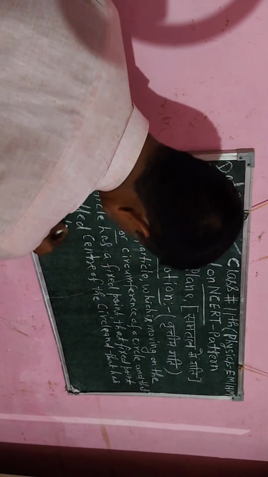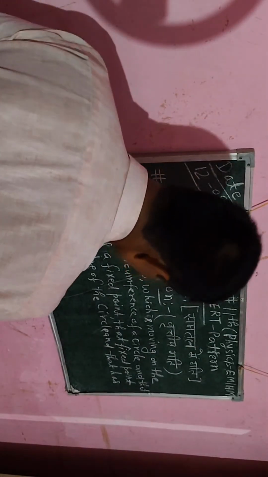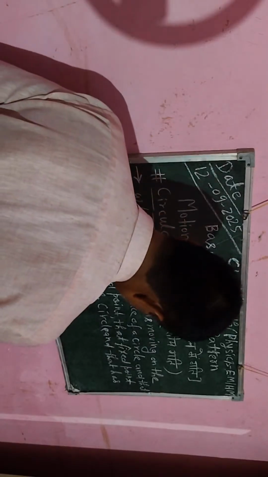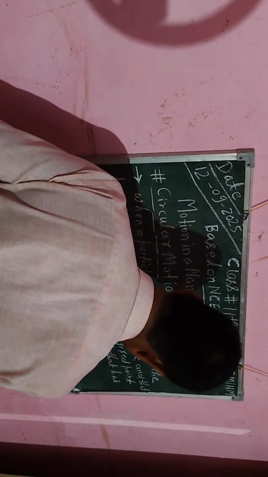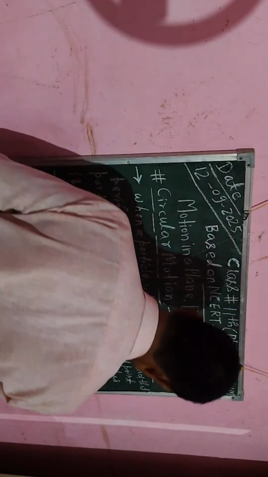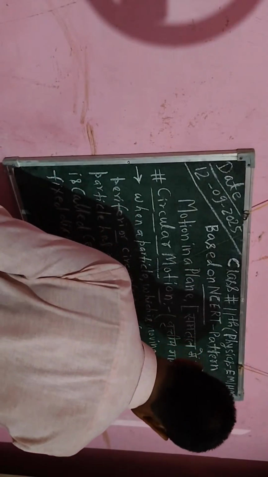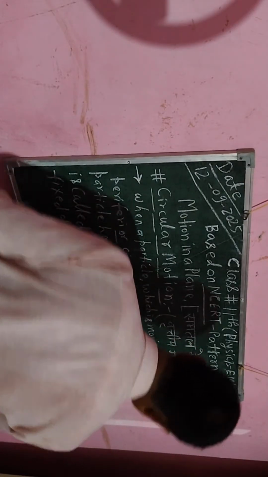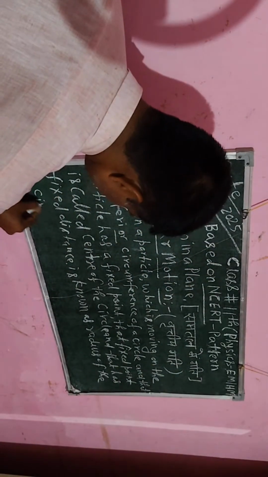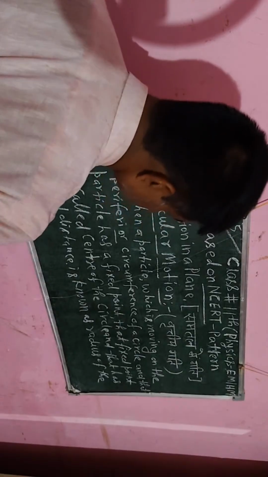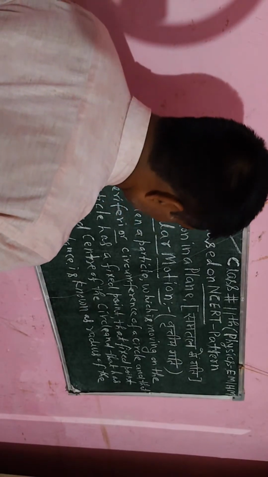Fixed distance is known as the radius of the circle. Such type of movement is called circular motion.